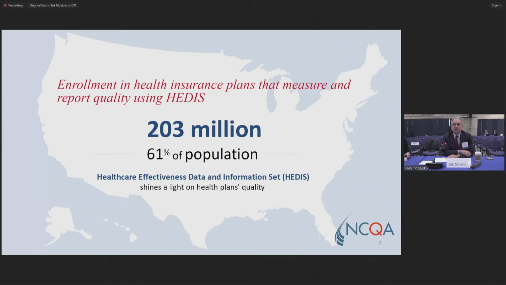But if we go to the next slide, the durability of HEDIS, the health effectiveness data and information set, I always trip on that because it used to be the health employer data and information set, but it's healthcare effectiveness, is a set of 70 plus measures that health insurance plans use to measure and report on quality. It's widely used. As you can see here, 203 million Americans are enrolled in populations that report quality using HEDIS.